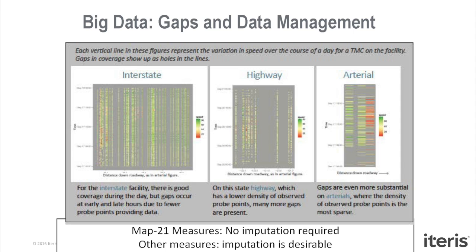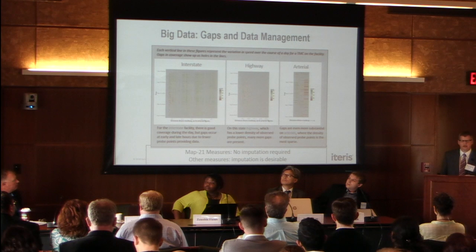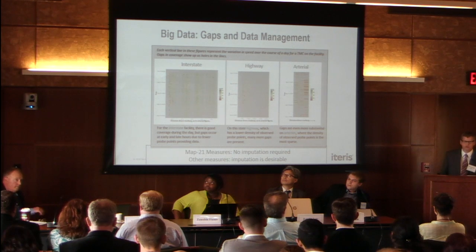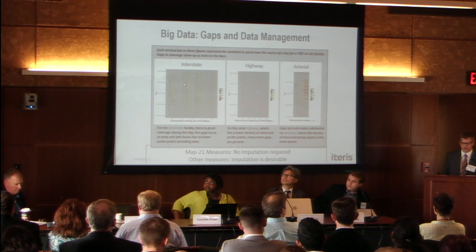In our dashboard implementation for California, you have the ability to do both. The MAP-21 P3 measures require you not to do imputation, while for the more traditional measures, Caltrans has a lot of work where we do imputation for them, so we have ways to do the imputation on the same types of data sets to fill in the gaps so they can analyze data over larger space.